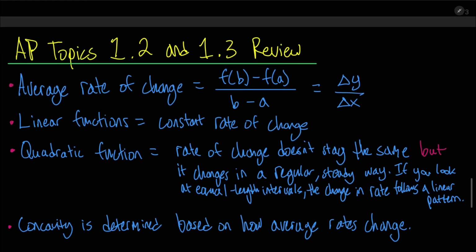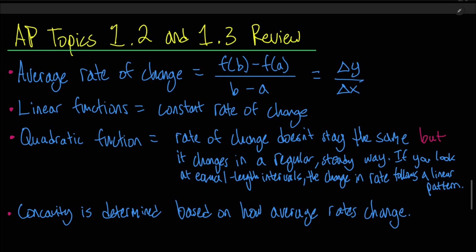And that basically sums up AP Topics 1.2 and 1.3. So here are the key things that you need to know. Average rate of change is the change between 2 points. Instantaneous rate is the change at 1 point, and you approximate it using tiny intervals that are nearby.